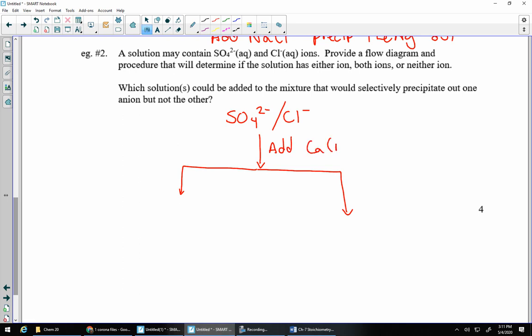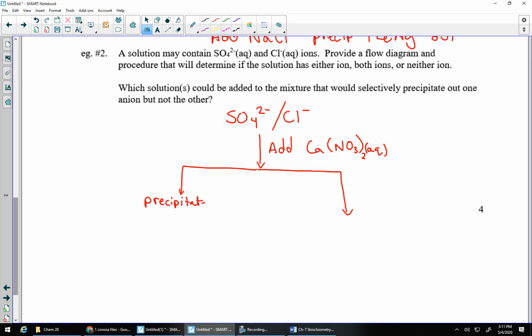Let's do calcium nitrate, NO3. And the reason that I'm choosing nitrate is because I know that it doesn't react. It's not going to precipitate anything. Nitrate, literally nothing.